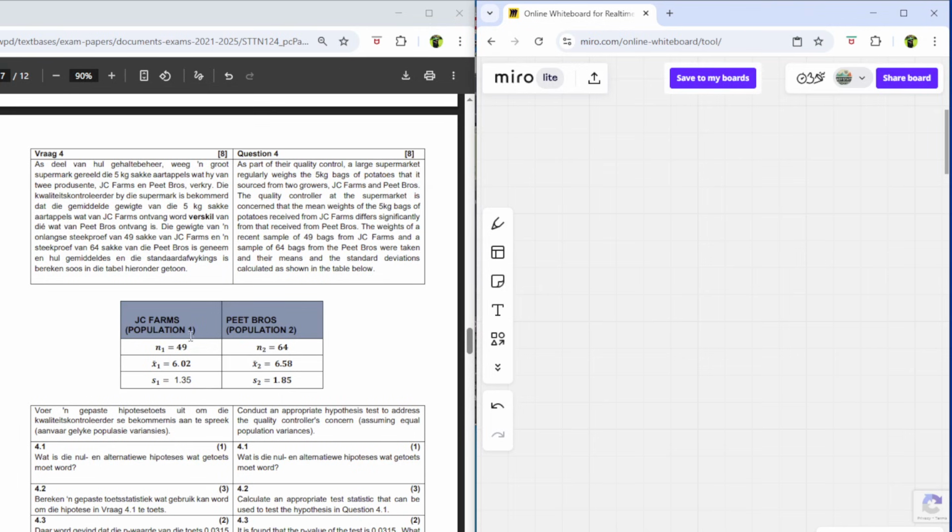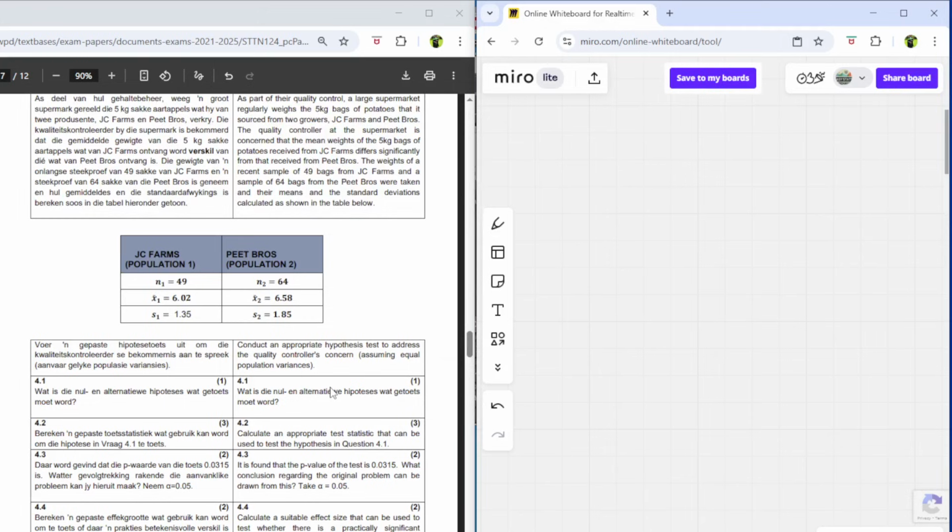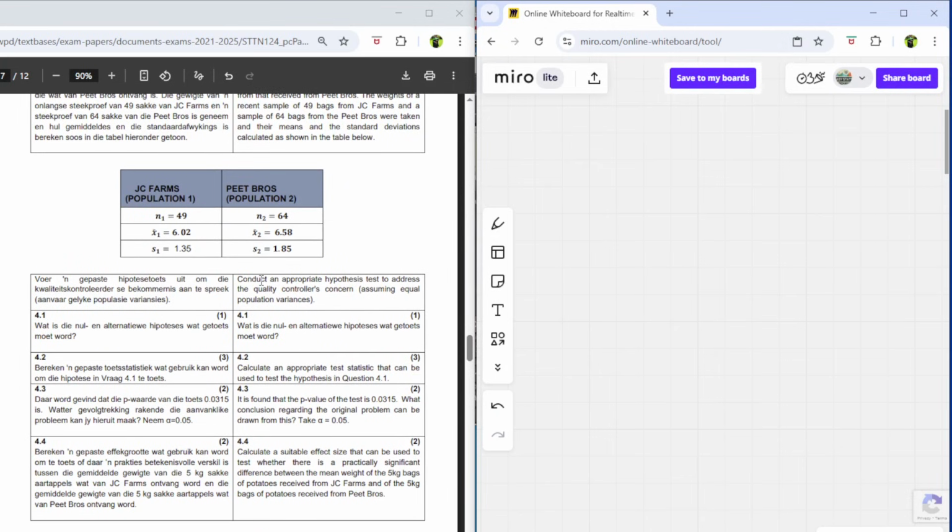So this is the situation. Conduct an appropriate hypothesis test to address the quality controller's concern, assuming equal population variances. What is the null and alternative hypothesis to be tested? This is question 4.1.